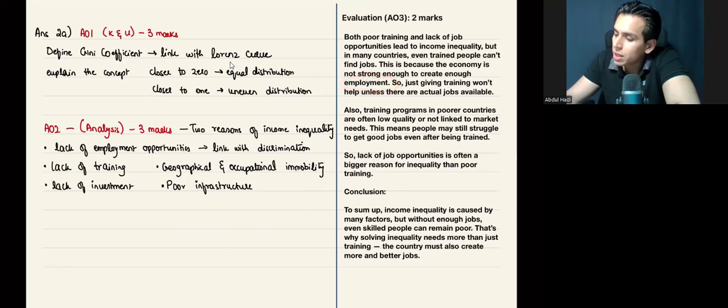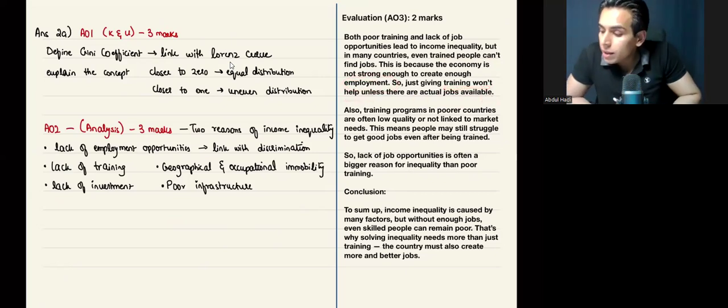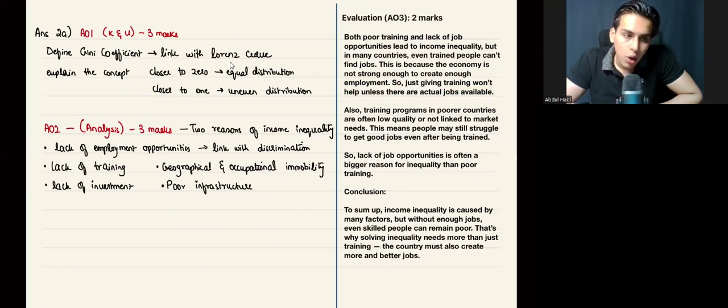So just giving training won't help unless there are actual jobs available. So what I have written is that in some countries, even trained individuals do not have equal job opportunities and they cannot find work. So, just giving training won't help people find jobs. All right. So, this is my first point.